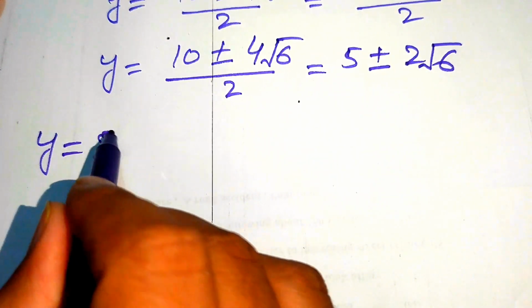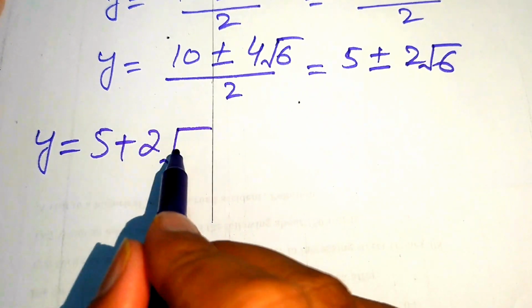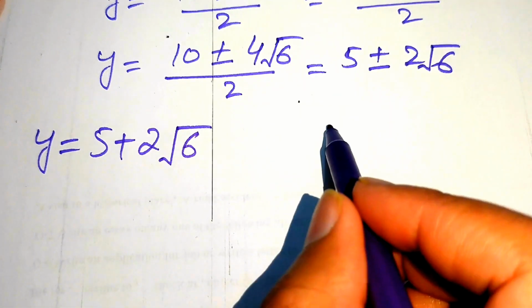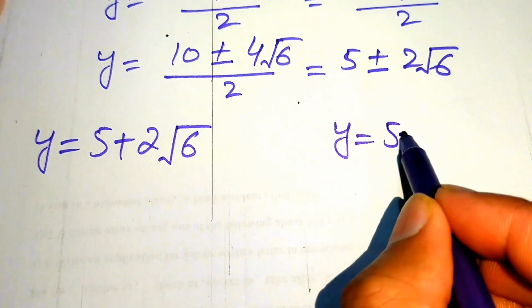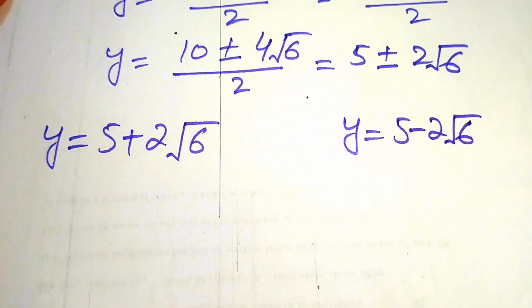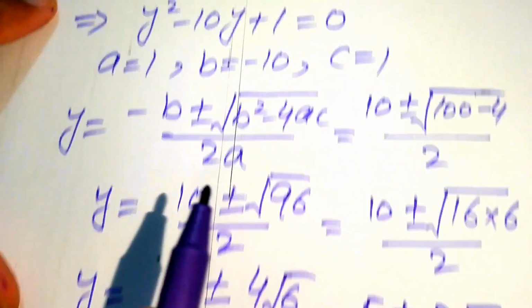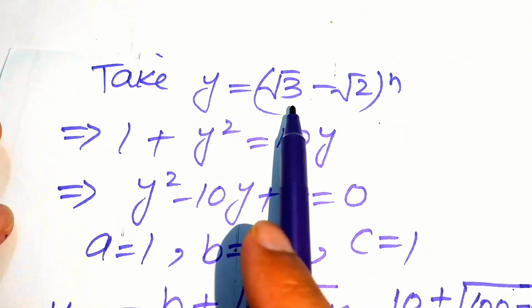Our first case is the positive value, which is y equals 5 plus 2 square root of 6, and in the second case we take the negative value, and it is 5 minus 2 times square root of 6. Here we back substitute the value of y, where y equals square root of 3 minus square root of 2, and its whole power n.